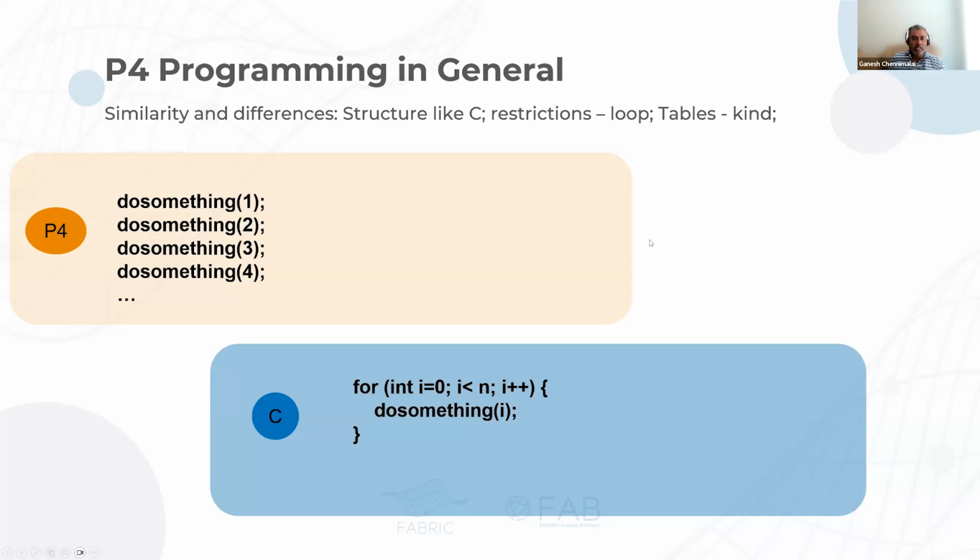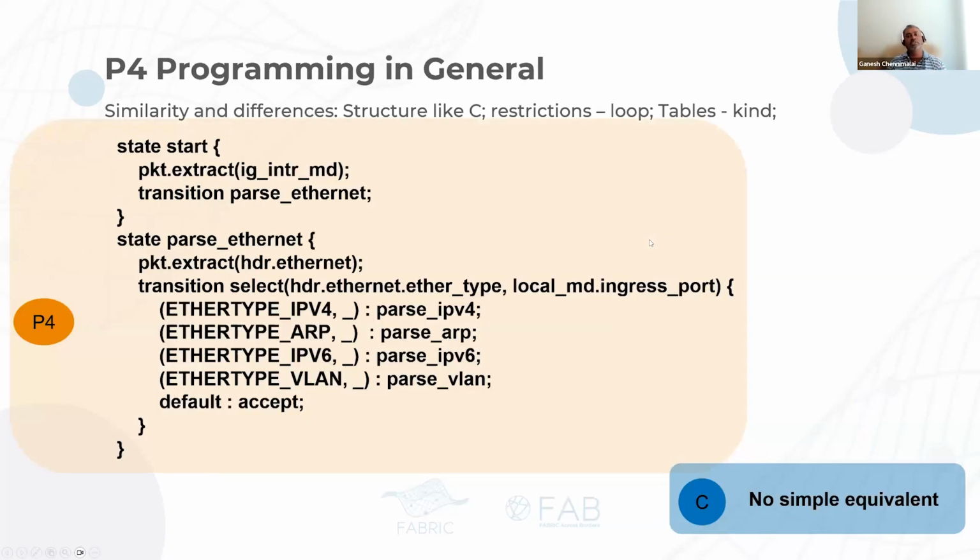The next one is slightly more complicated, where we don't have a simple equivalent in C. Here we have a state machine that is defined. This is the parser graph, or the parser code, that we are looking at. Every parser starts with state start, which is fixed.